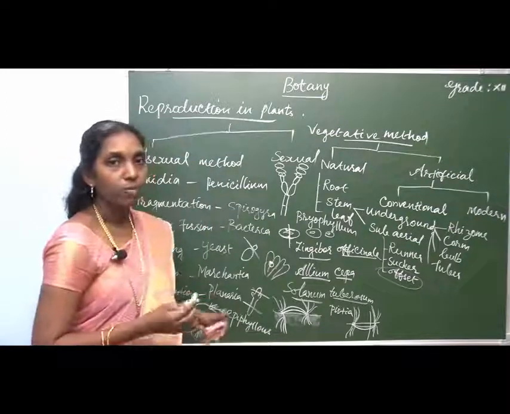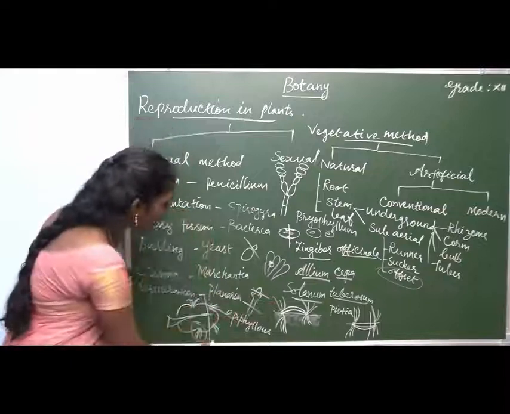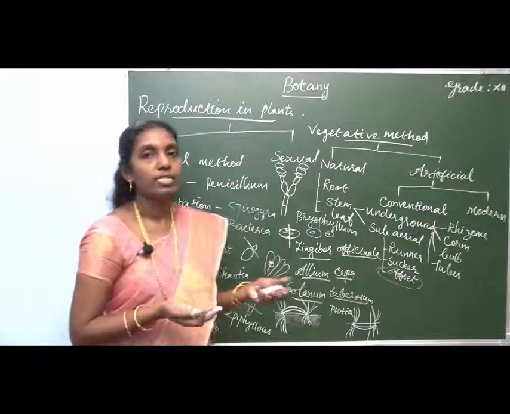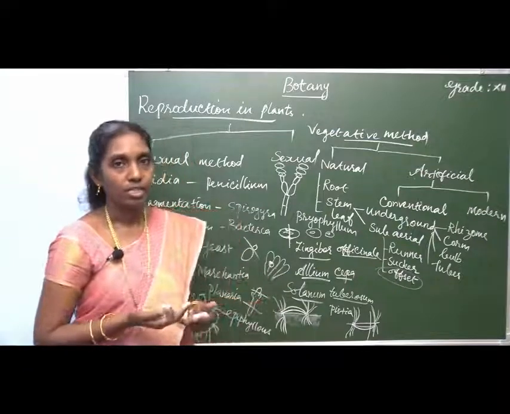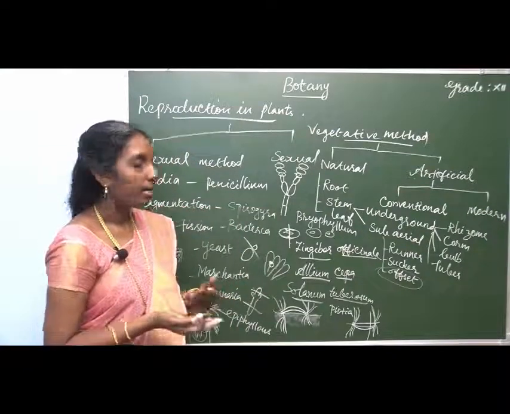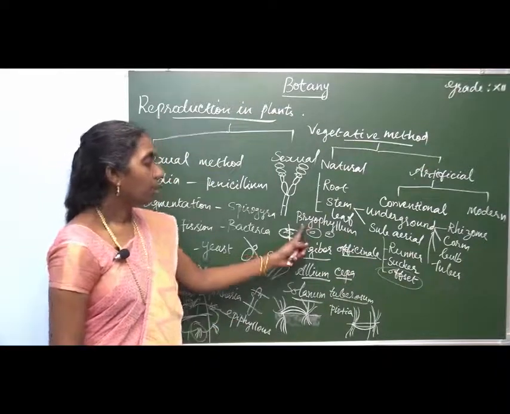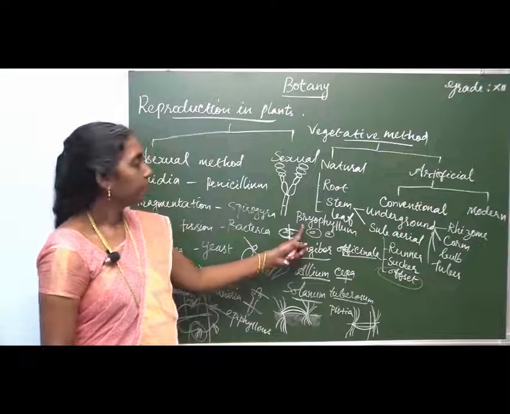From this epiphyllous bud, when it is detached from the parental one, each one has the ability to grow as an entire species. The new species can develop from these epiphyllous buds. One example is bryophyllum.